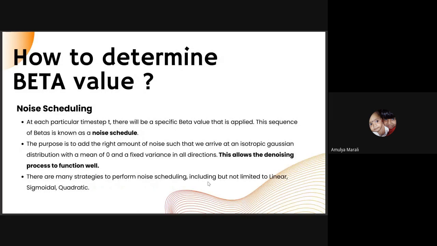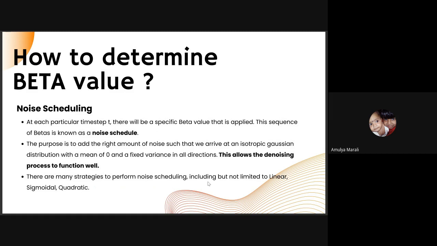Now, how to determine this beta value, we had this question. There are many noise scheduling techniques or methods, some of them linear, sigmoidal, and quadratic. I'll not go too much in depth into this because it requires a lot of understanding.